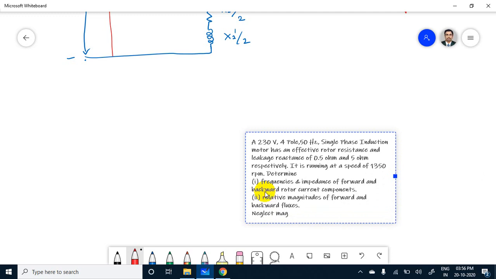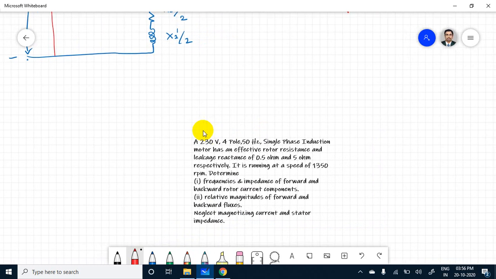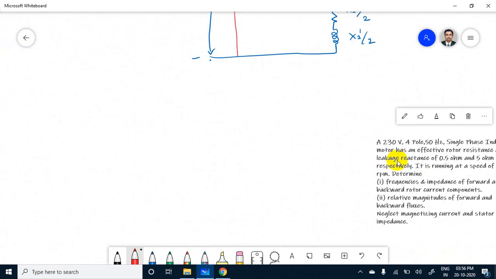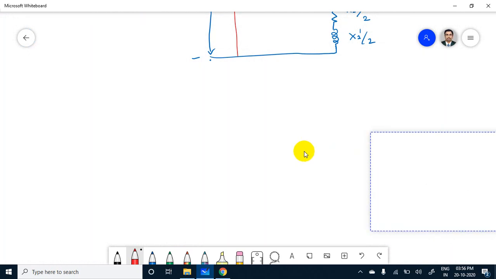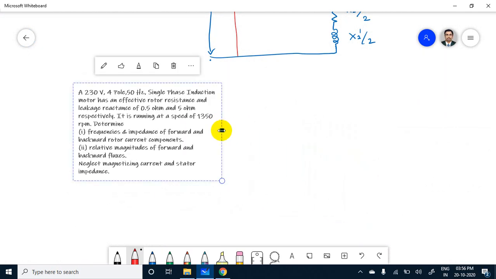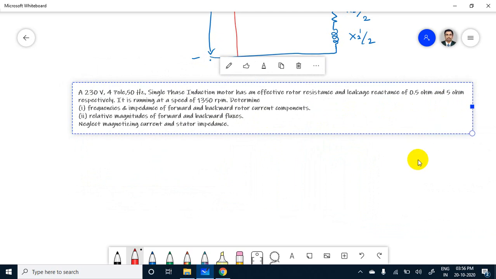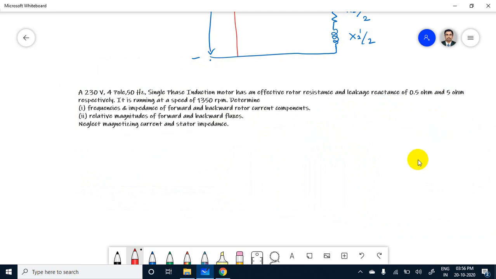Neglect magnetizing current and stator impedance. Stator impedance means it is R1 by 2, X1 by 2. Okay, this is the problem. Now we'll solve the problem.